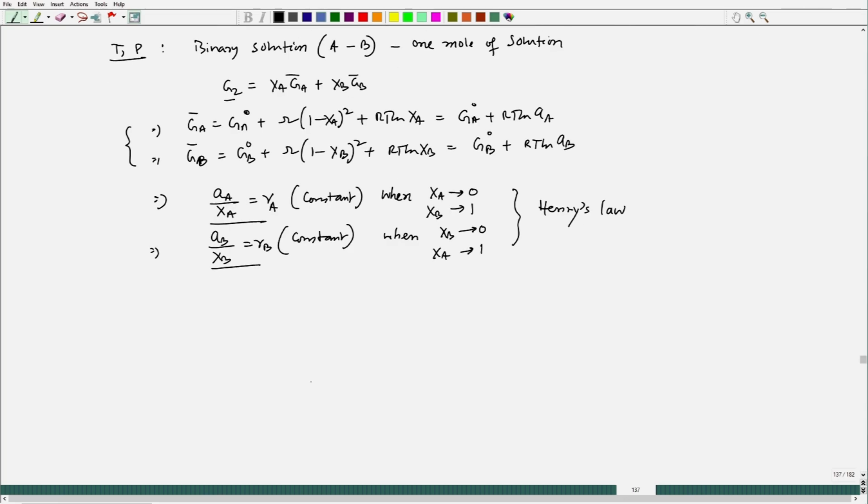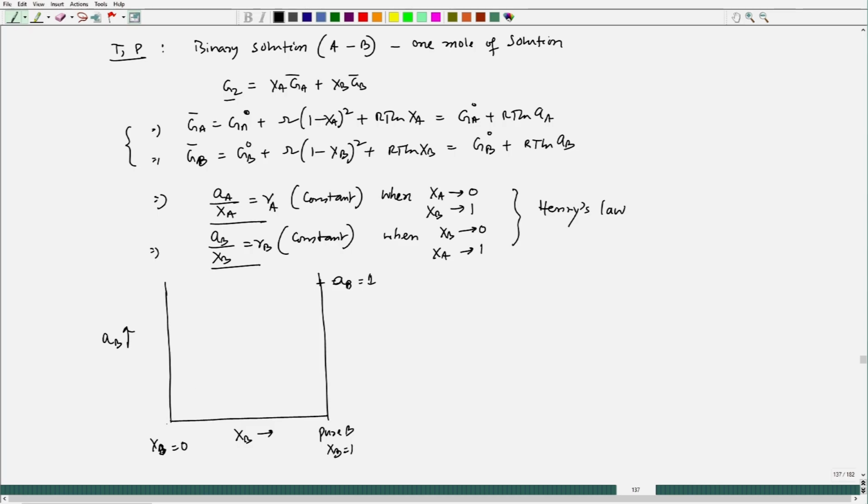So, if I do it for XB, let us say this is pure B, that means XB equals 1, and the other end XB equals 0. This is the activity axis, and the activity of B equals 1 on the pure side.